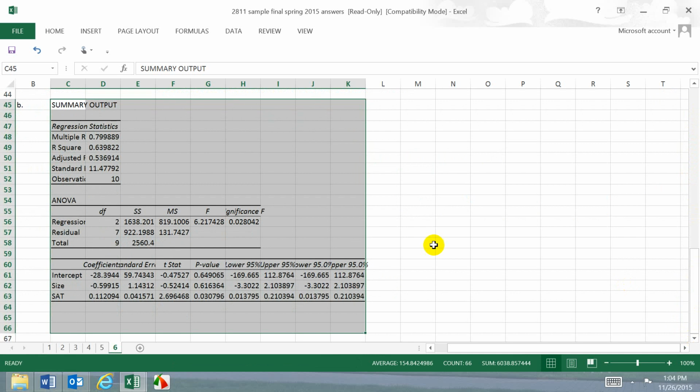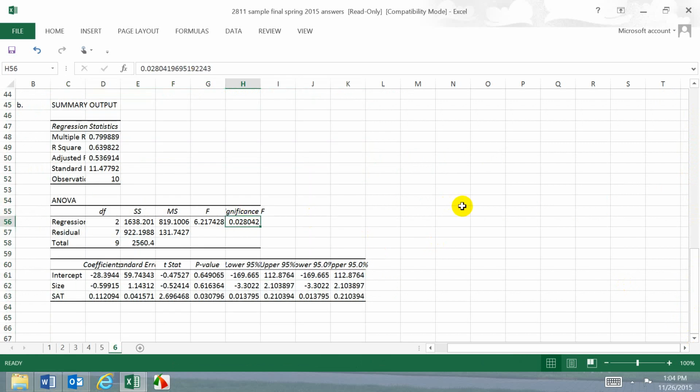Let's look at our answer here. It does appear to be significant, right? Okay, it's less than alpha.